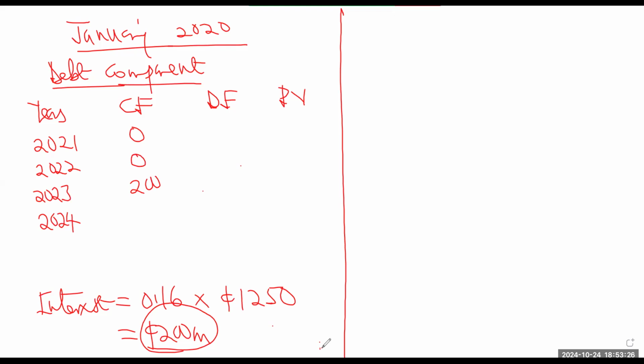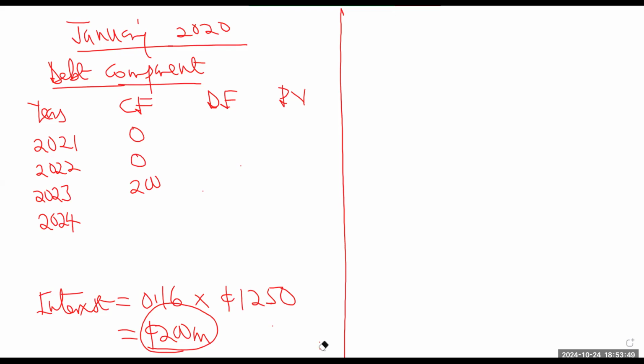2024, we pay the 200 together with the principal. After the 4 years, we are going to redeem the instrument at par. We do this as if the conversion is not possible. We are looking for the value of the debt. So what would be the value of the same instrument for somebody who is not having a conversion? That's what we do.